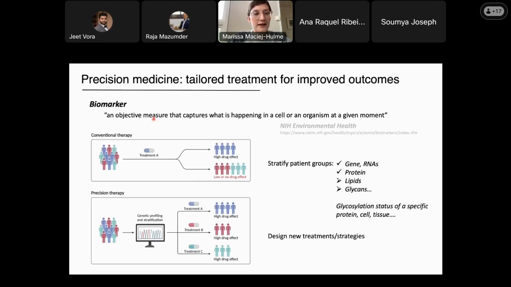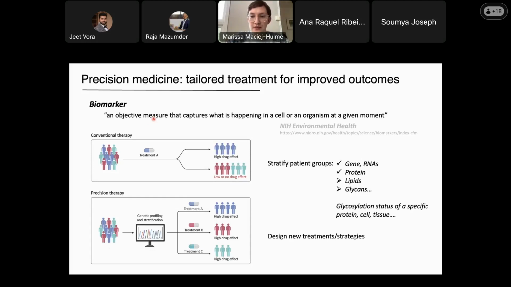So why GAGomics? Well, precision medicine is a term that's been around for a while, but describes an overview of the omics technologies, which represent a rapidly expanding field. And this is pushing towards a holistic view of healthy and diseased tissues, whilst embracing individual heterogeneity.